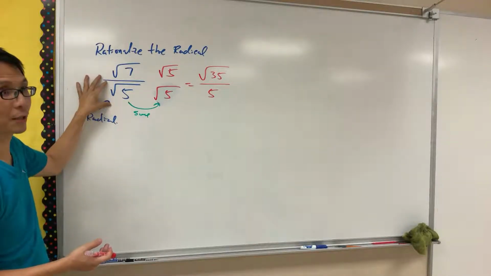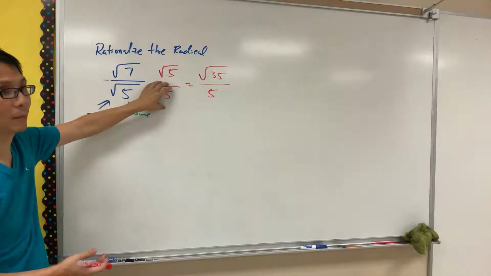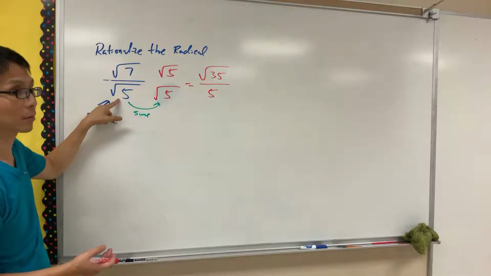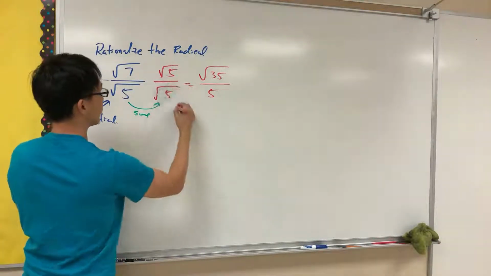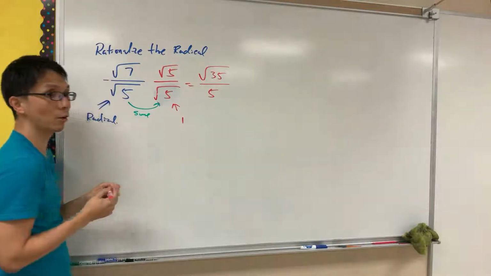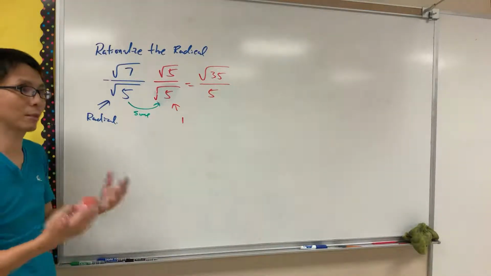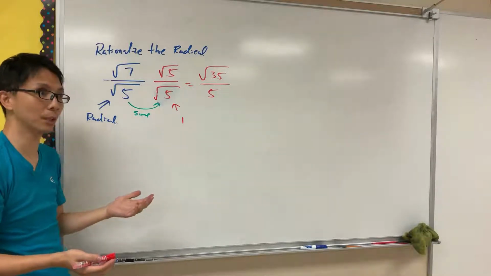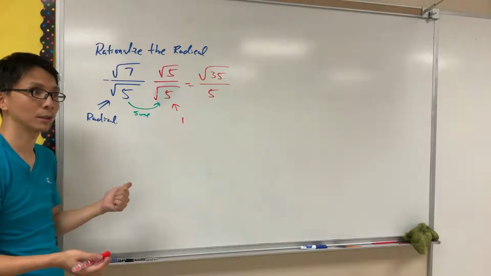We need to rationalize it, get rid of the radical, and multiply by the same denominator as this one. And then multiply top and bottom, because this is essentially what? 1. So you understand that 1 is very powerful, right? 1 is one of the most special numbers in Euler's formula, right? What was the Euler's formula?